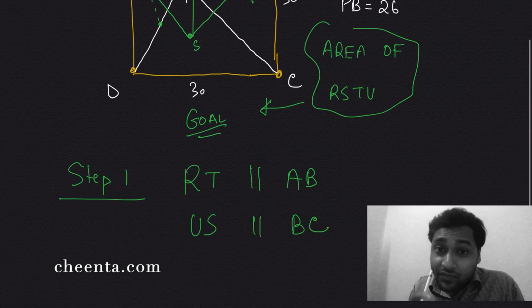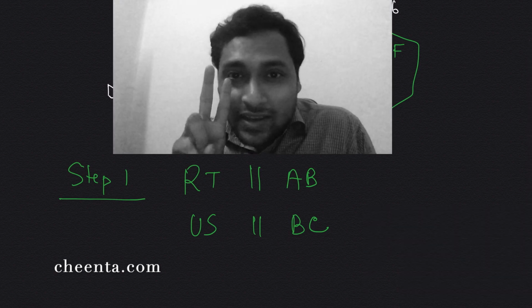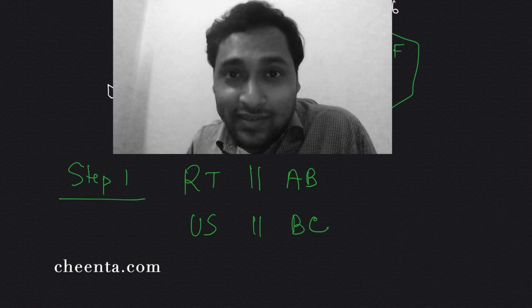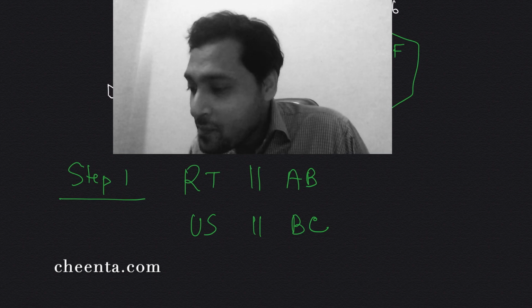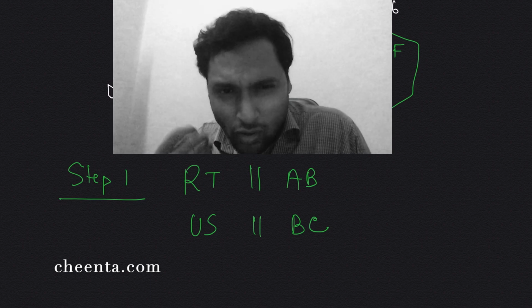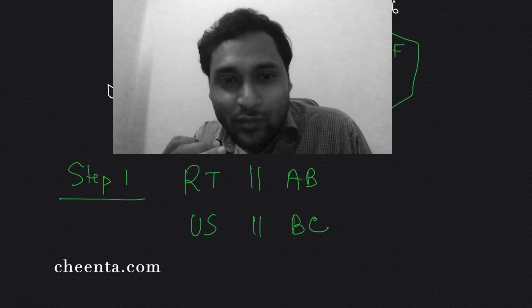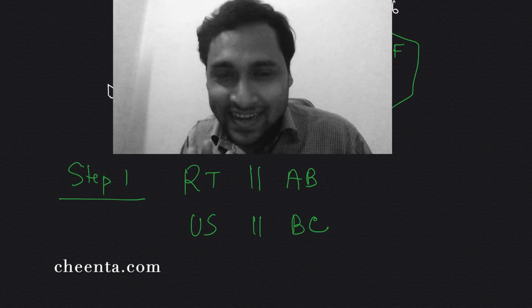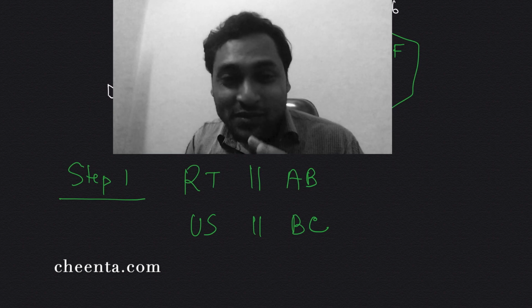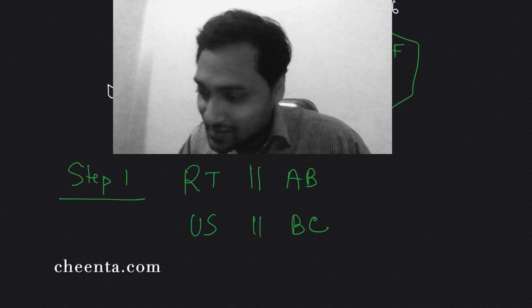Now you can pause the video here and give it a try. I will give you 2 ways of showing this. One, using the notion of vectors or complex numbers or complex coordinates. And the second one is using pure geometry. That's what makes it exciting. I mean, you can do this using 2 different but beautiful methods.